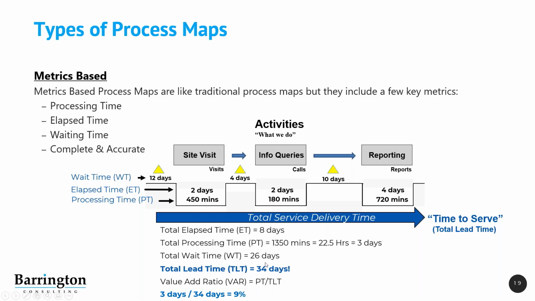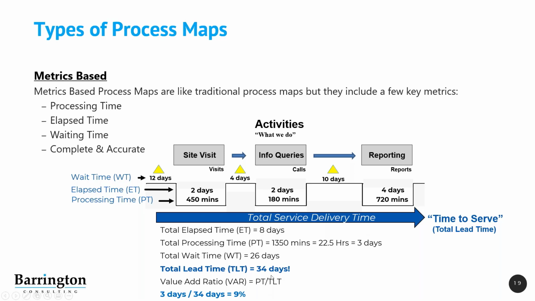Now, when you bring in that waiting time, that 12, 4, and 10, that means our lead time, our time to serve, is really 34 days, because we have 26 days in waiting time, plus the 8 days of elapsed time. So from the initial request to when this process can be completed is going to be 34 days.